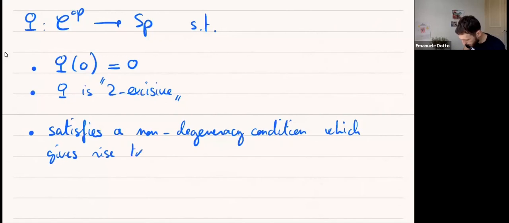to a canonical duality. So what's a duality?